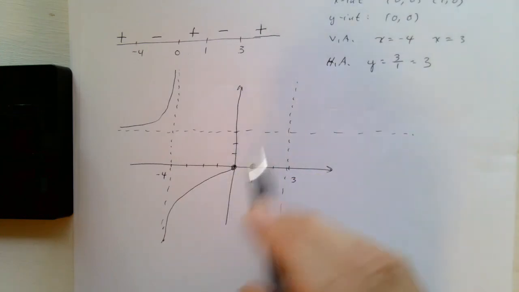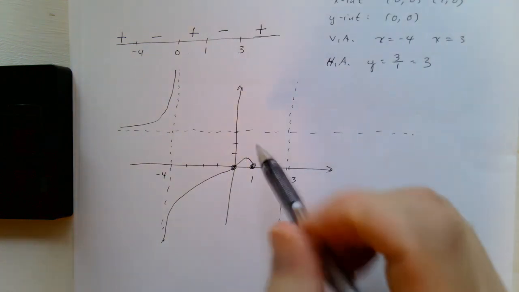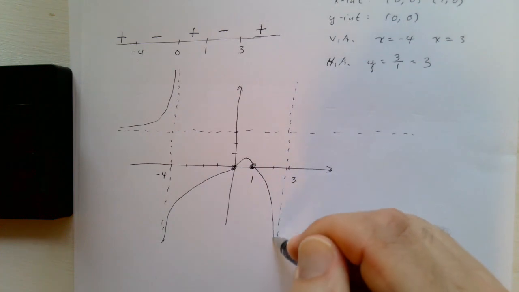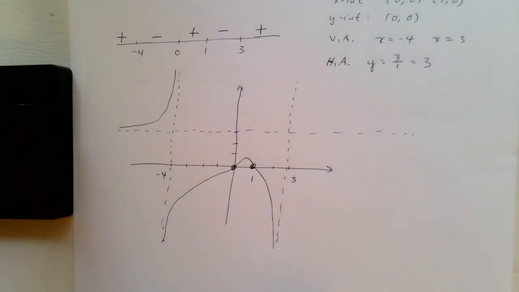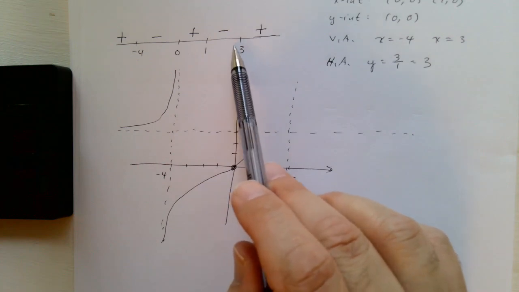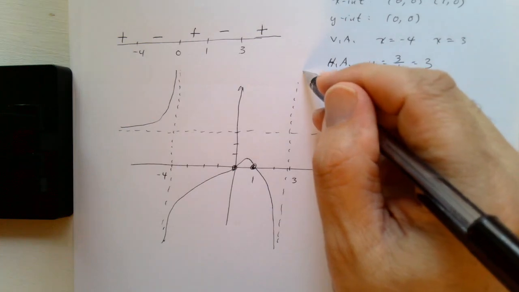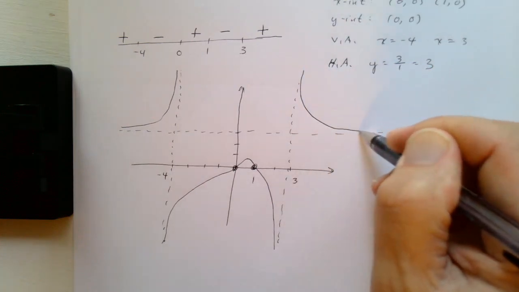It has to go through these points, and it's going to have to turn around very quickly. We don't know exactly what this turning point is, but we know it exists. Then from 1 to 3, the graph is below the x-axis. At the asymptote 3, it shoots down on the left and shoots up on the right, so the graph is going to resume over here and then come down like this.